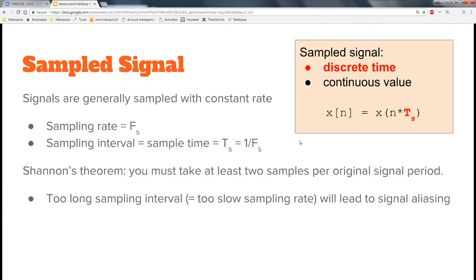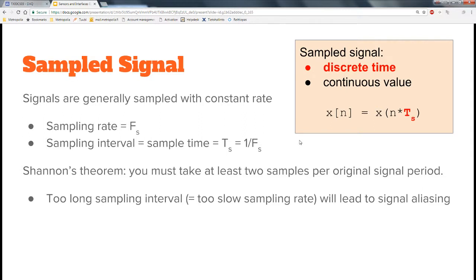You basically have to have at least 2 samples for each period. Meaning that the highest frequency you can reliably detect with the sampling rate Fs is half of that Fs.